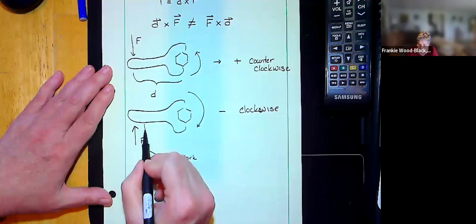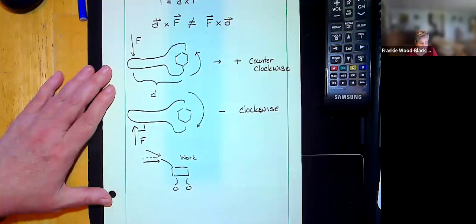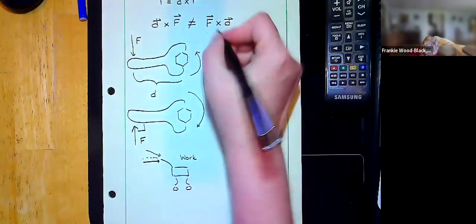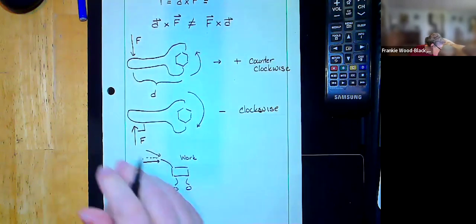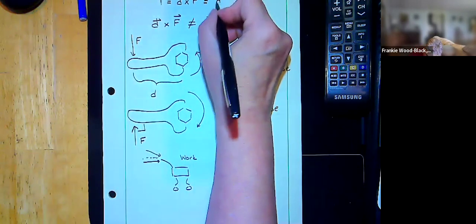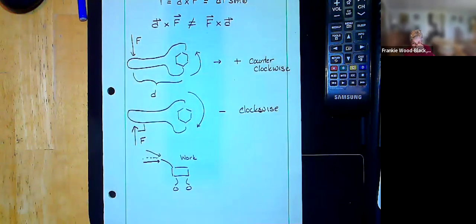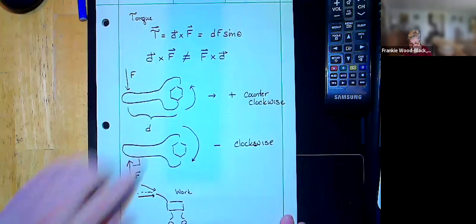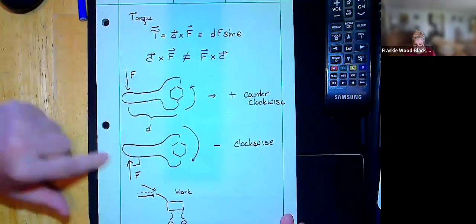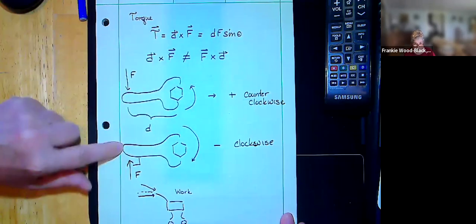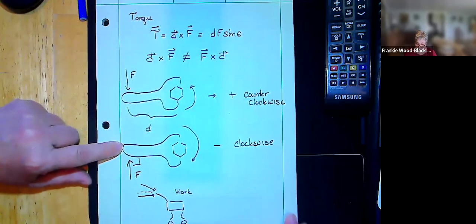Our biggest bang for our buck is if we're at a right angle to our item. And so this D cross F is going to be D force sine of the angle. And so if we did this at an angle, we're going to reduce it because we're going to get the biggest torque by being perpendicular.